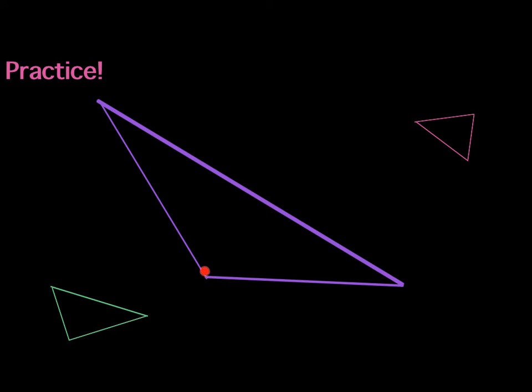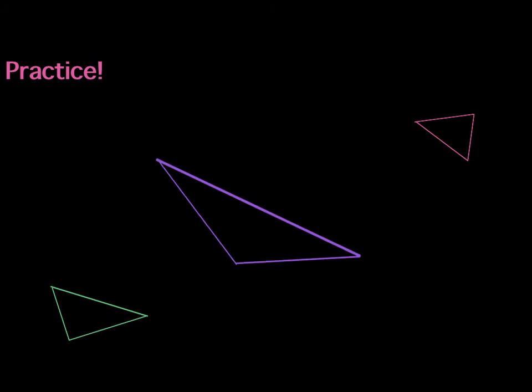Now remember, this is our line segment going horizontally, but if I went straight up from that vertex, that would be a 90-degree angle. That is a lot bigger than 90 degrees, so that angle is what? Obtuse. So if I have an obtuse angle, that means I have an obtuse triangle.